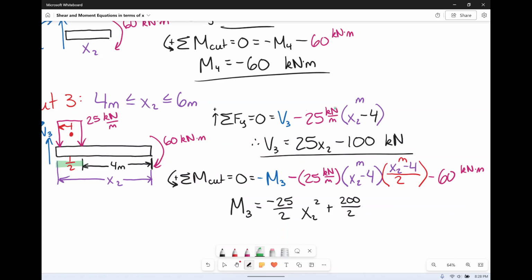In case you're wondering why this is happening, I took the 2 and I pulled it out. So everything's got this half thing going on. So 200 over 2 times x2 minus, truly it makes a lot more sense if you do it all by itself, this is 520 divided by 2 kilonewton meters.